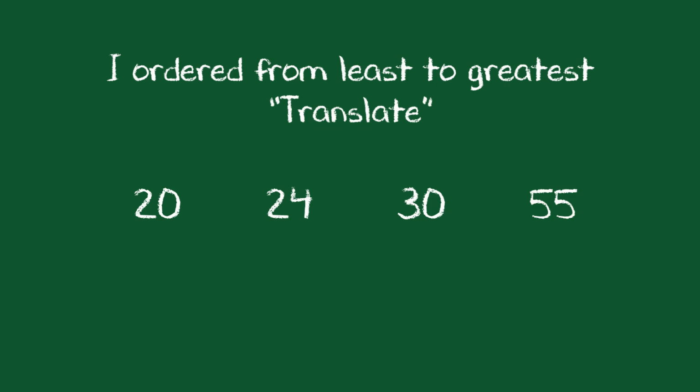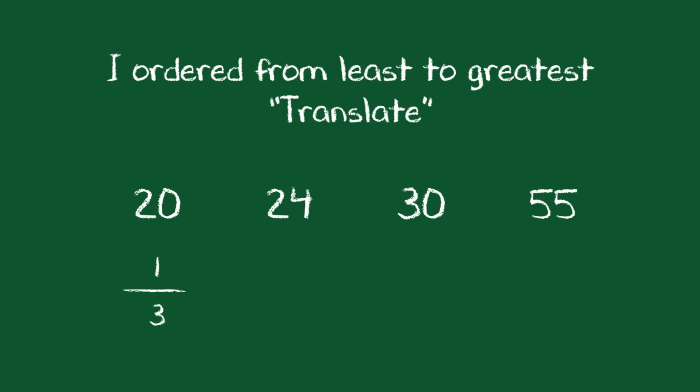And now we simply order the numbers from least to greatest. 20, 24, 30, 55. Excellent job. Now, let's translate that.